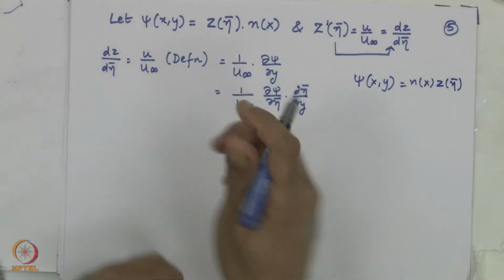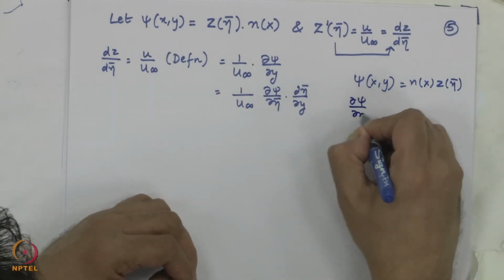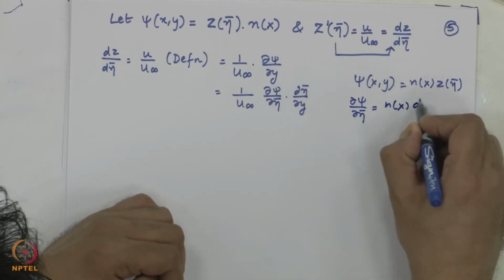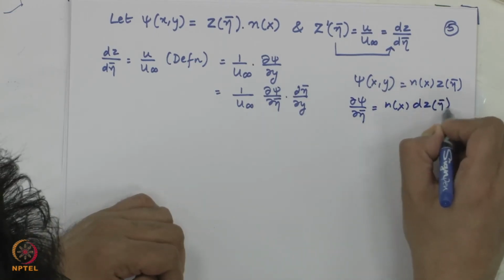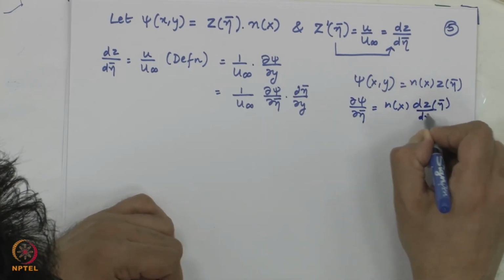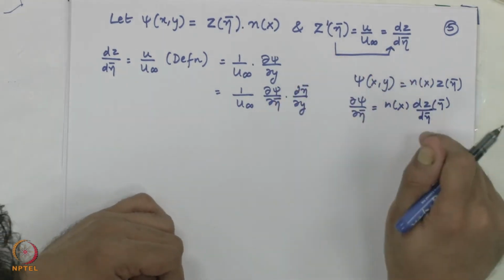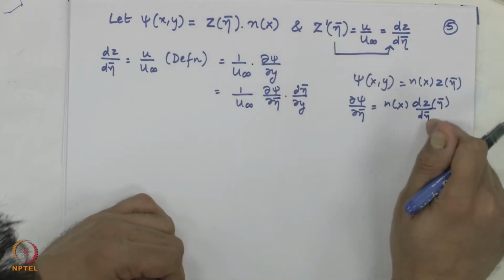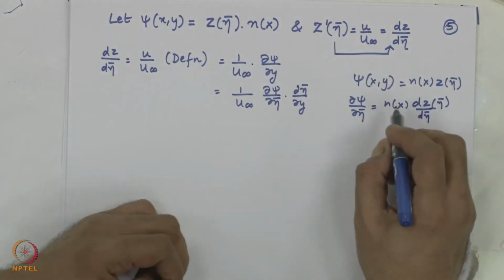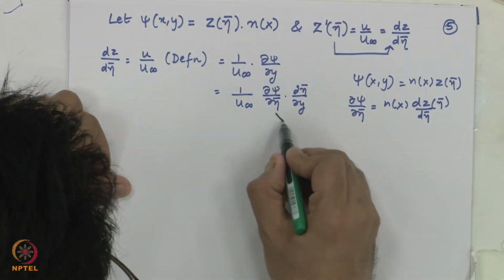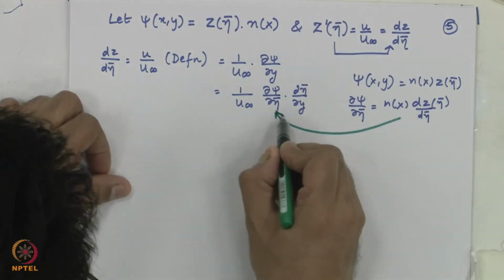We told this. So, d psi by d eta bar is nothing but n of x dz by d eta bar. What is this? This was nothing but your z prime, which is u by u infinity.